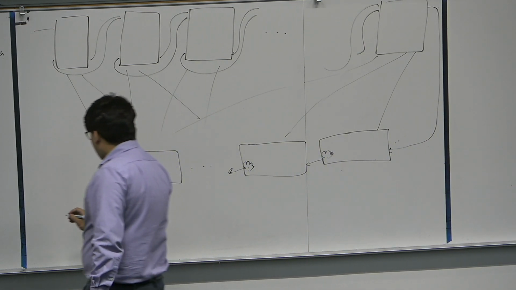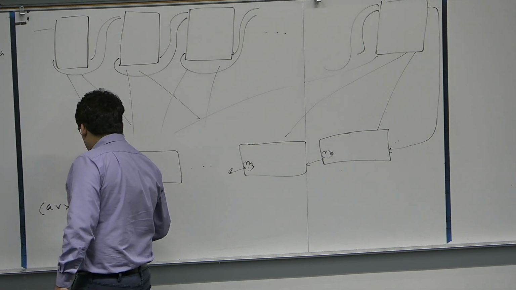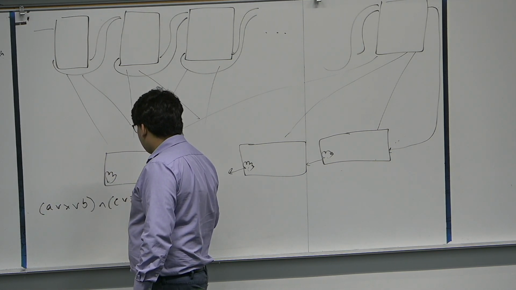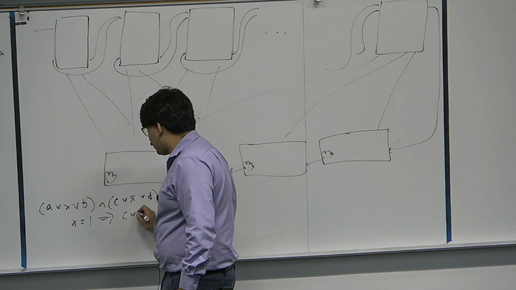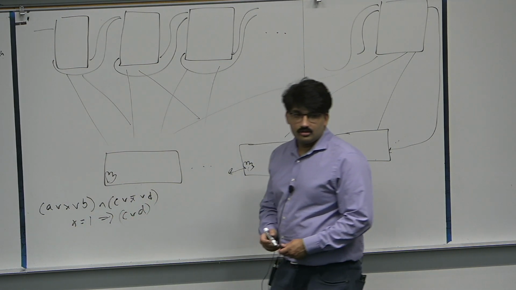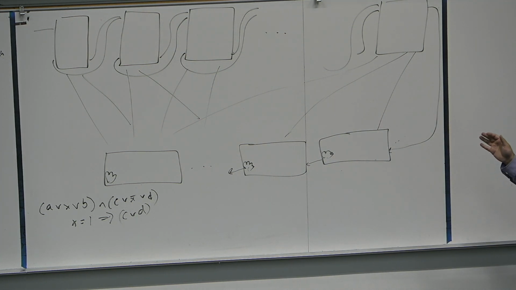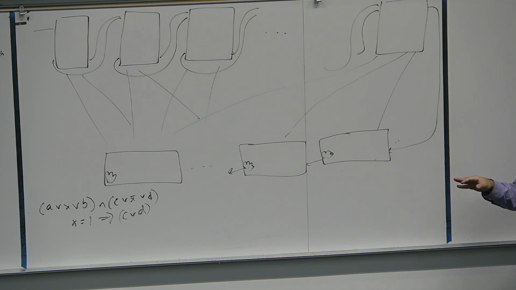Recall, if you have a or x or b, and c or not x or d, then if you choose x to be 1, that implies that c or d must be chosen, right? So choosing x to be 1 is not only satisfying some clauses, but it forces you to find other ways to satisfy other clauses.